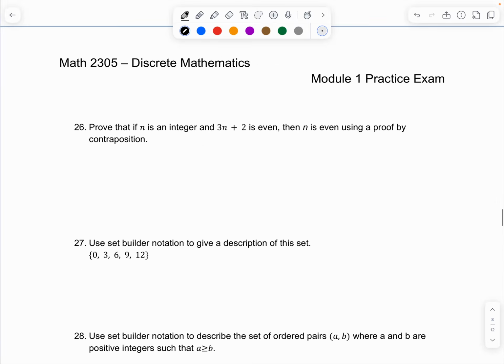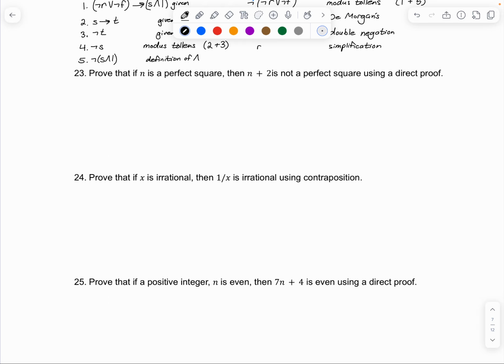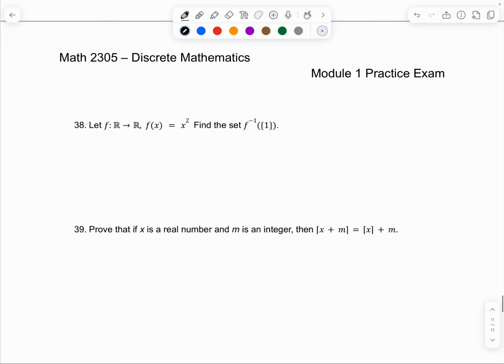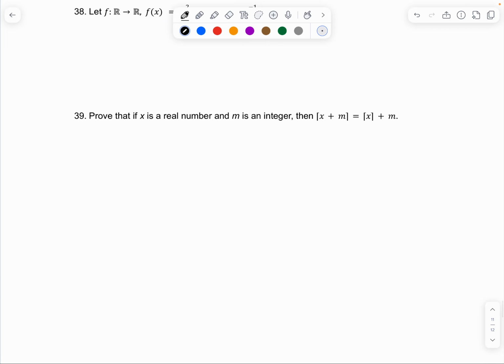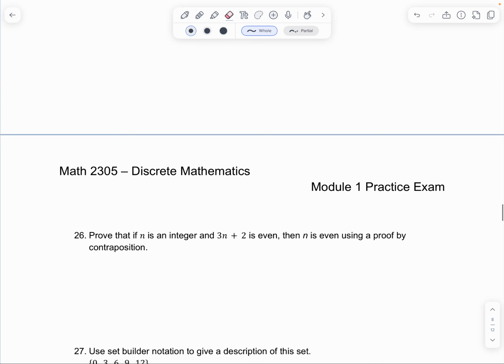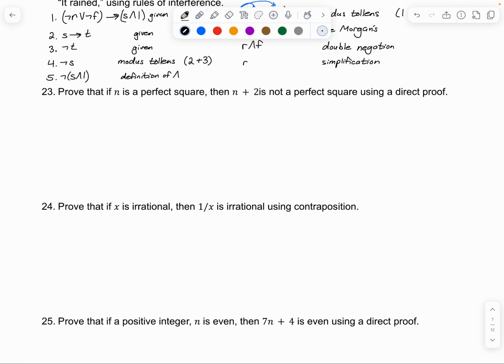24, 25, 26 don't need hints. Those you should be able to do. It's pretty straightforward. But 23, and I think it's the very last one, I think it's 39. Yeah, 23 and 39 are the hardest proofs on here. And they're to the point that if I put something like that on the test, I will give you a hint. So I'll just give you the hint right now. What I would say is something like this.